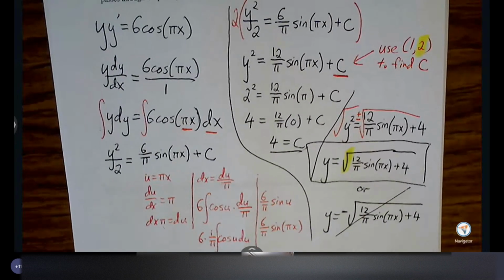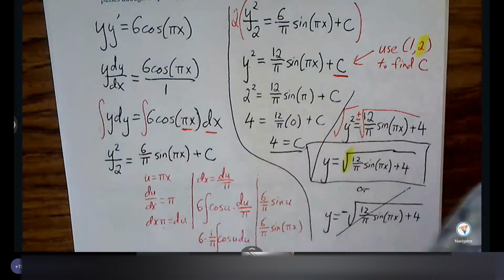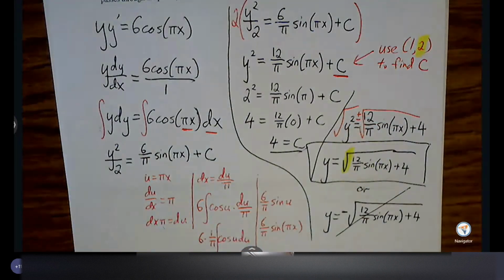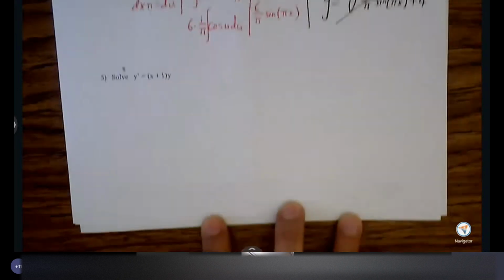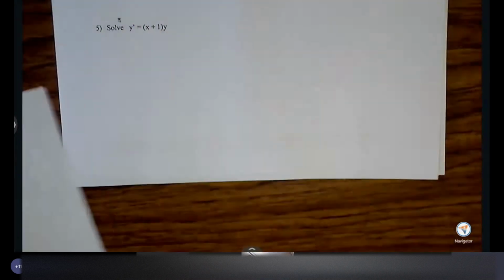Okay, any questions here? All right, let's look at number 5. Number 5 says y prime is equal to x plus 1 times y.